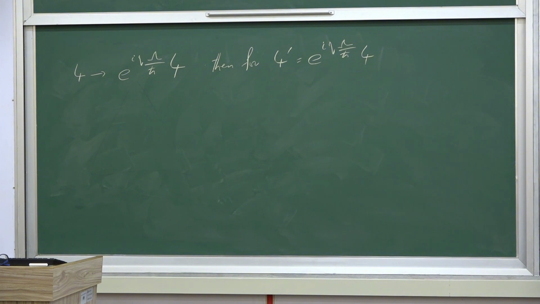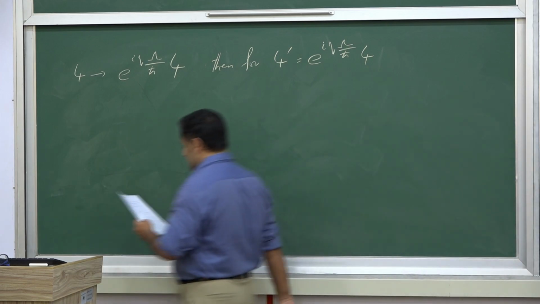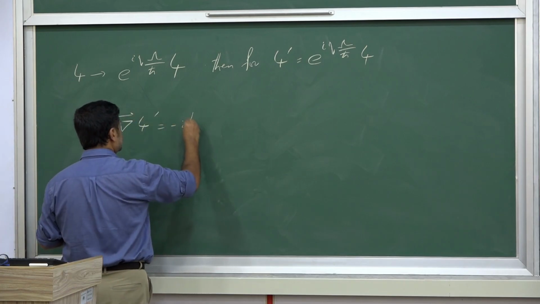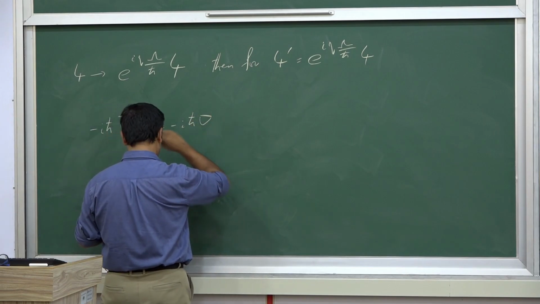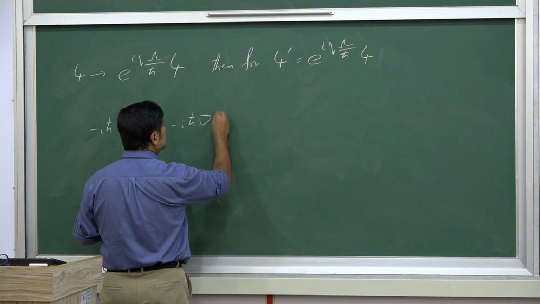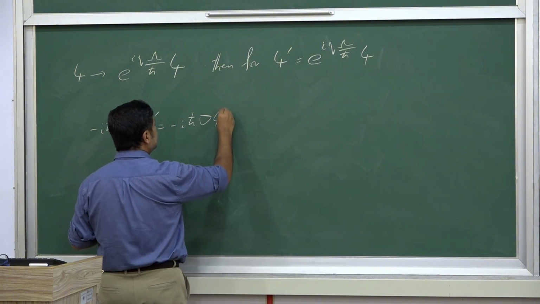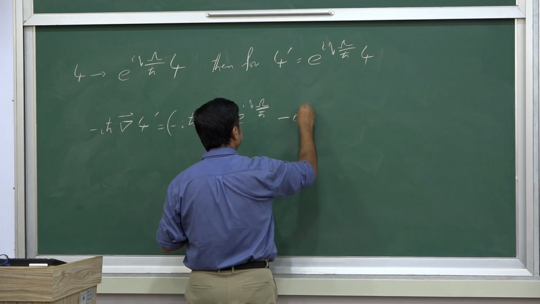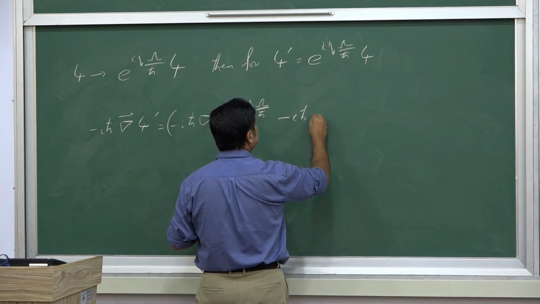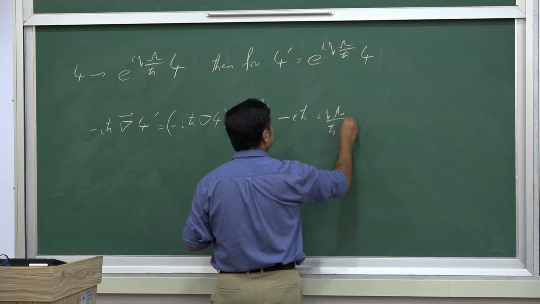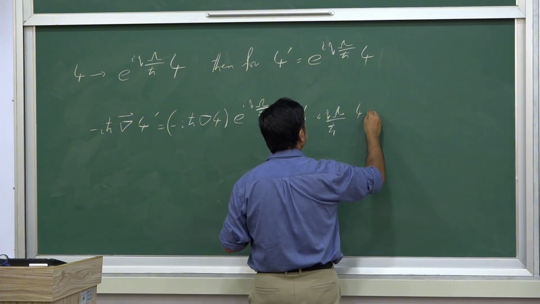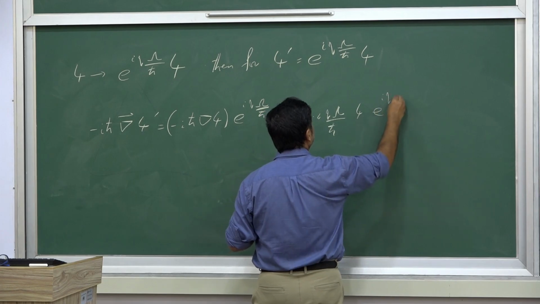If I apply my Hamiltonian on this wave function, you're going to have these kinds of things: del psi, and you have the phase outside, and psi, and the phase is still there.